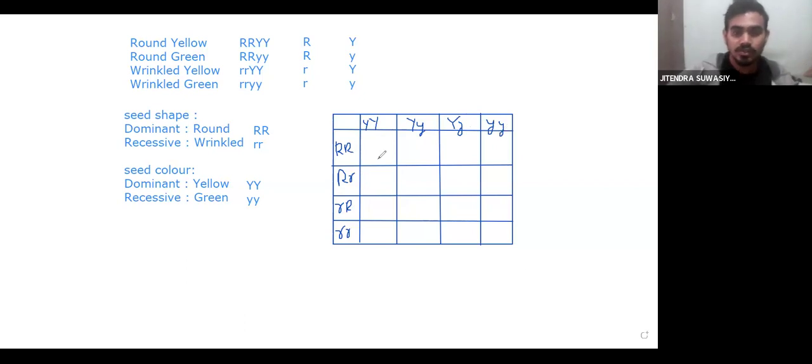After the monohybrid, what will happen? Capital R, capital R, capital Y, capital Y, capital R, capital R, capital Y, small y. Let's see if it is given in there.